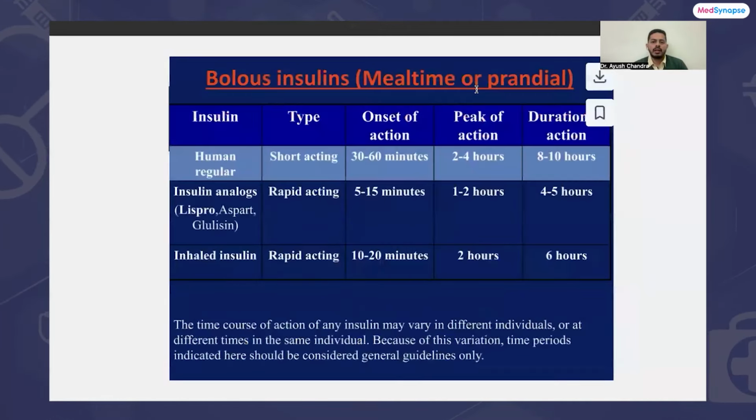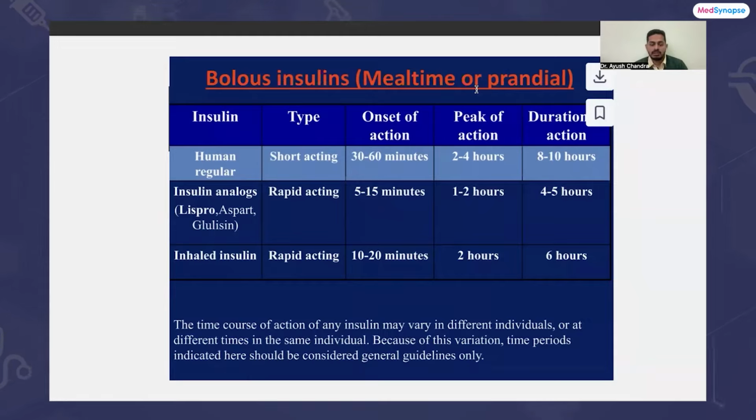If we look in detail at the bolus therapy, the mealtime or postprandial ones, the first one which is very common is the regular insulin. This is actually an intermediate kind of insulin which is short acting. The onset is 30 to 60 minutes and the peak is achieved in 2 to 4 hours. It is very important.